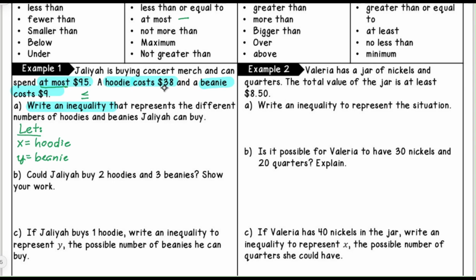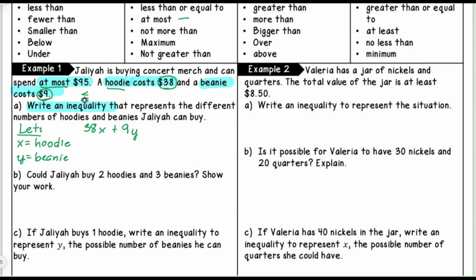And I can see that my hoodie is going to cost $38. So it's going to be $38 times every hoodie that I buy. So my X is going to be my number of hoodies that I buy. And my beanie is going to cost $9. So it's going to be $9 times Y number of beanies that I buy.